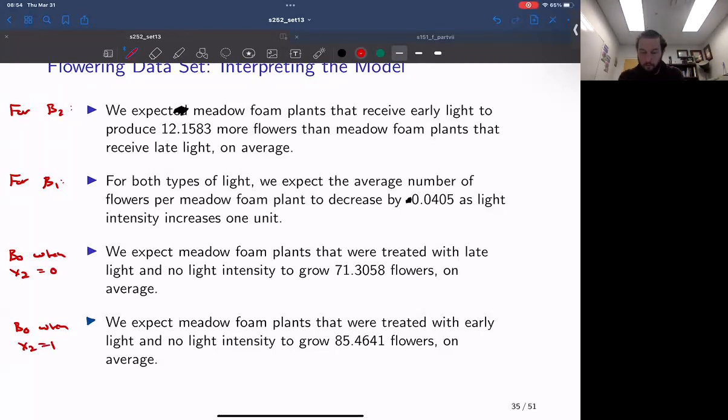When you are in the reference group, which is the late light group, you're going to expect 71.3058 flowers to grow when there's no light intensity. This is the intercept. And when you're in the early group, you would expect 83.4641 flowers to grow when there's no light intensity. So these are just the 2 intercepts.